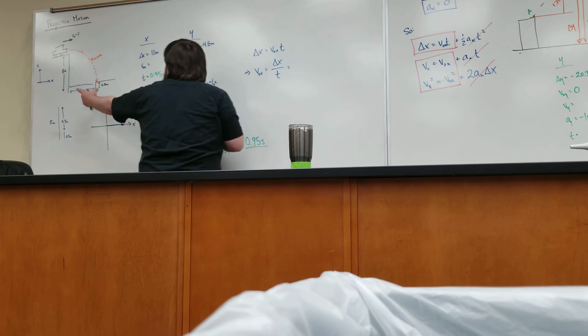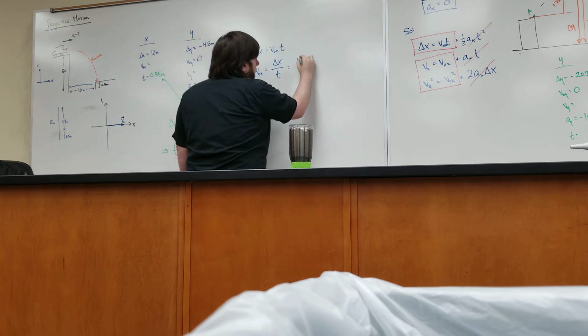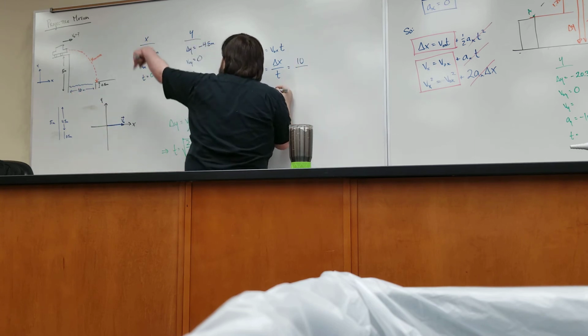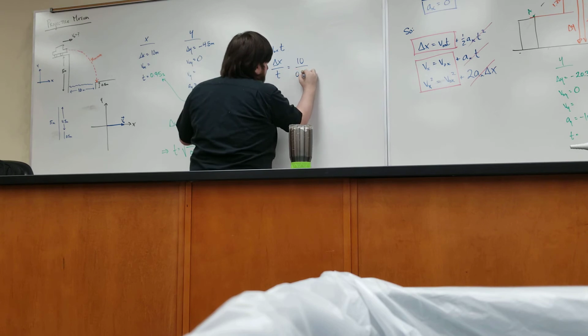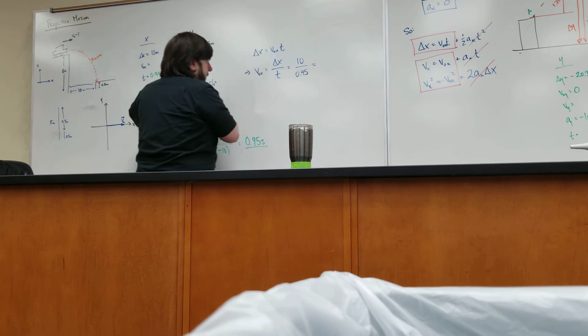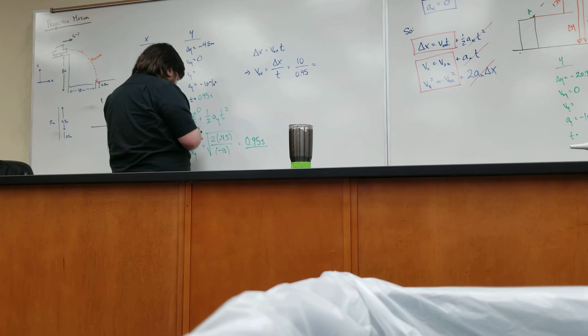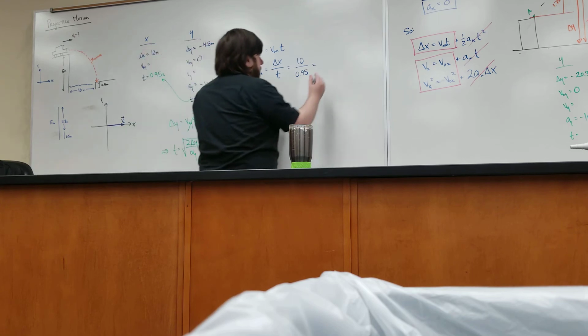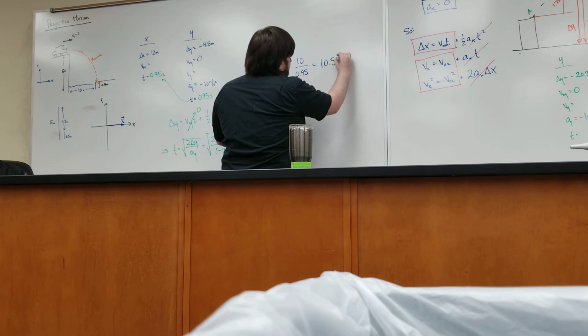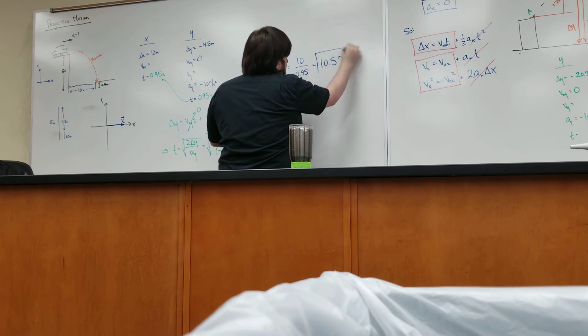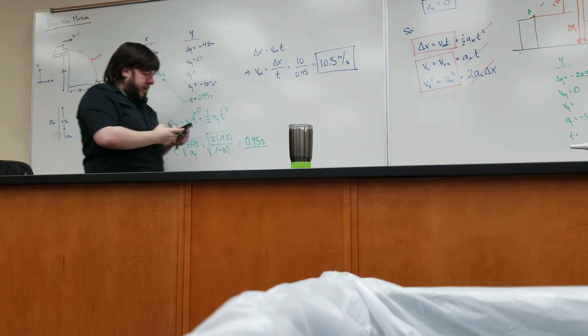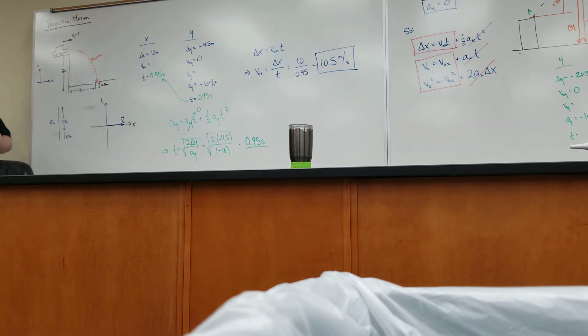Delta x, how far it has to go, is 10 meters. And the time, how long it's in the air for, is 0.95 seconds. So it's a little bit faster than 10 meters per second. 10.5 meters per second, something like 22 or 23 miles an hour.